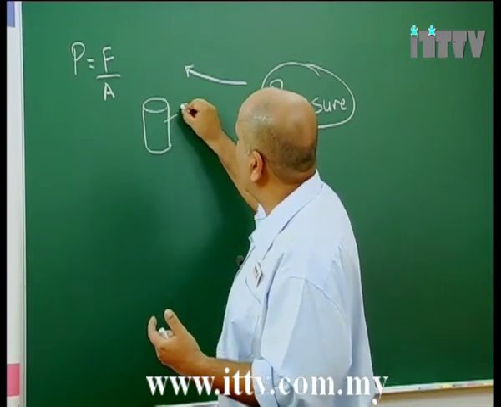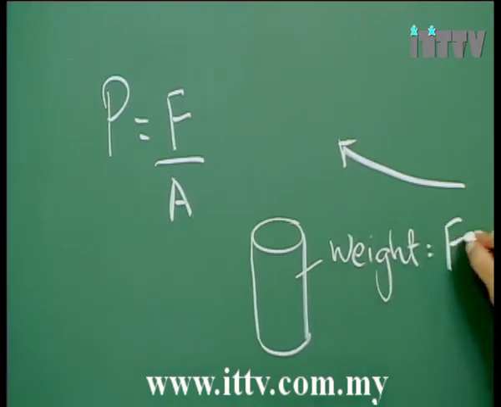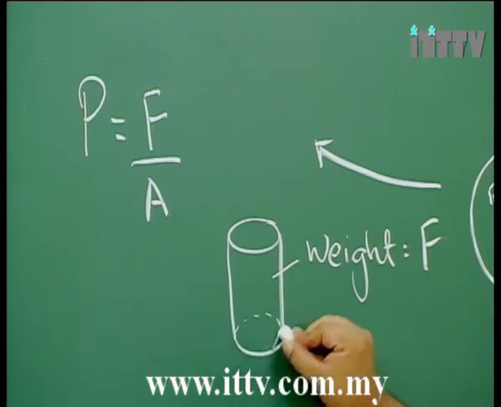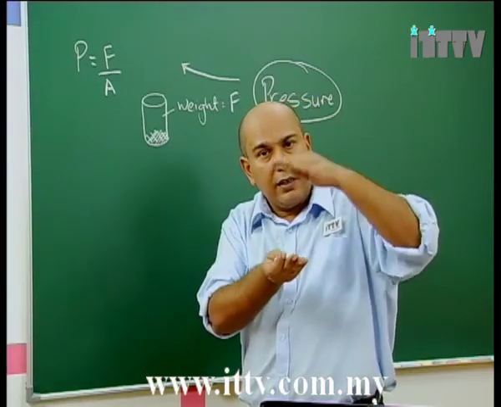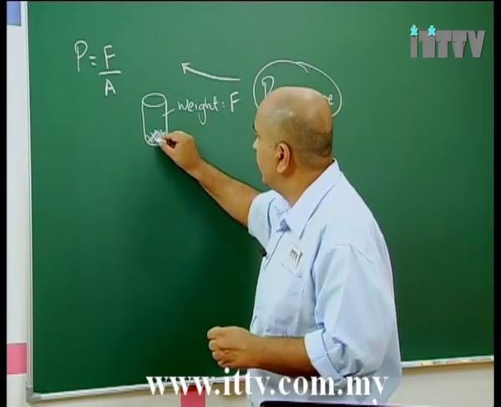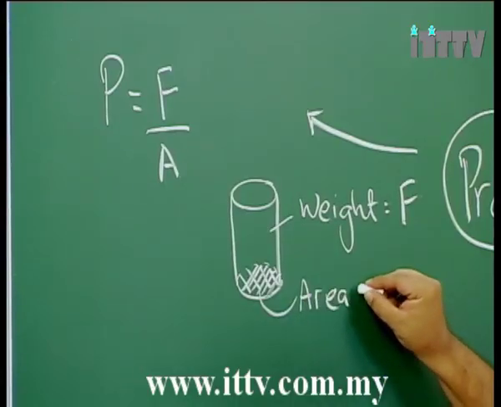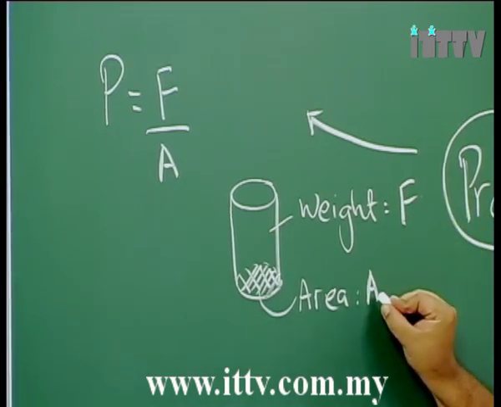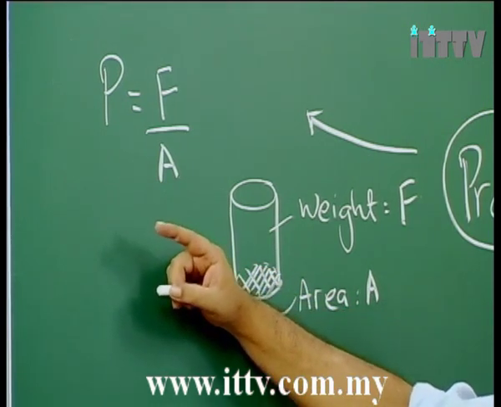This object has got a weight. That weight equals F. The bottom of this object, down here, this area that I'm marking in a darker color, that represents the area that the weight is acting on. So this is A. This is your area. So if you take this force over this area, you find, very good, the pressure.